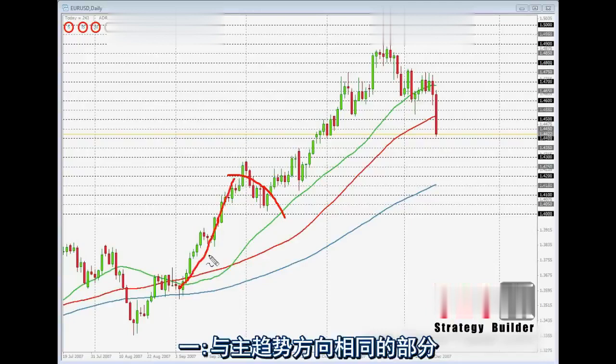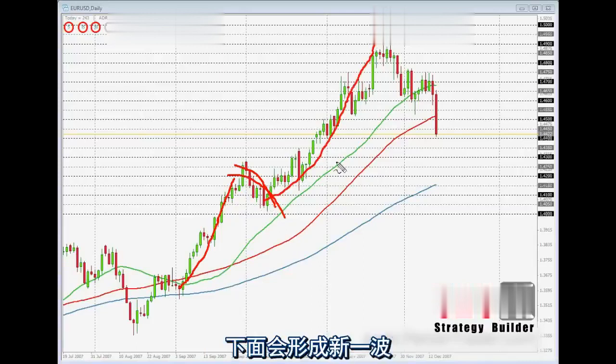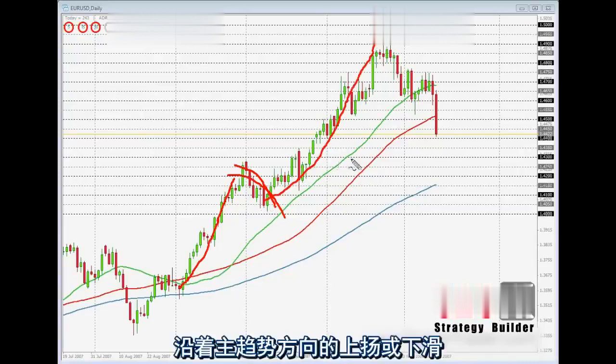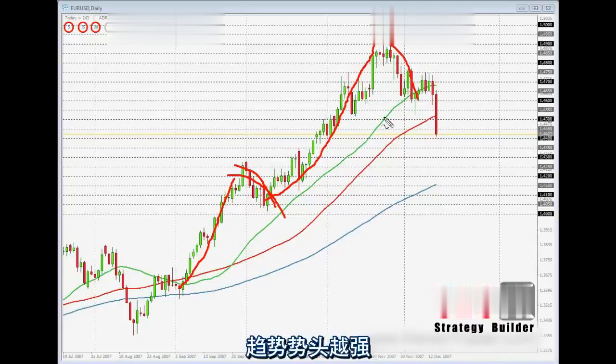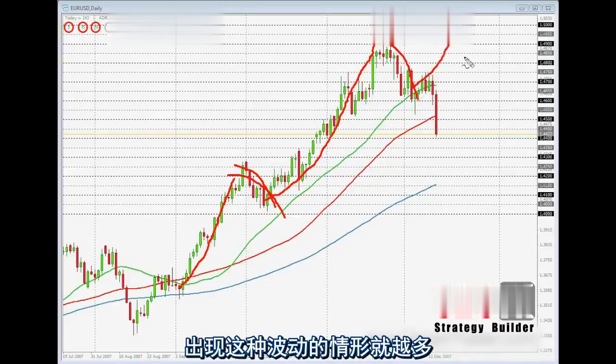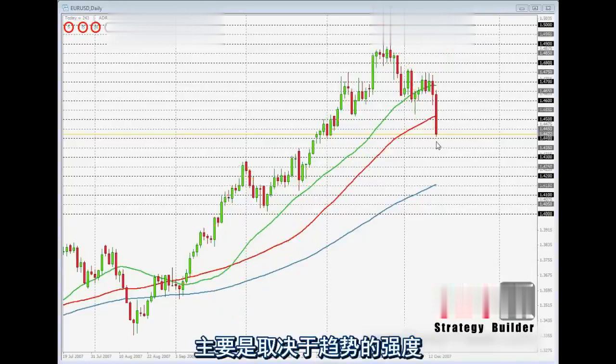One, the impulse wave in the direction of the main trend, and then the retracement, which more often than not, if the trend is strong, gives way to a whole new impulse in the direction of the moving averages, followed by another retracement wave, and so on. The stronger the trend is, the more impulse and retracement waves we will have, one on top of the other. It all depends on how strong the trend actually is.